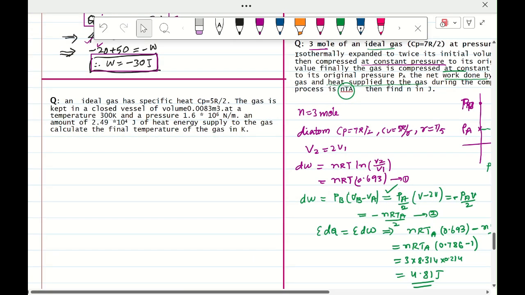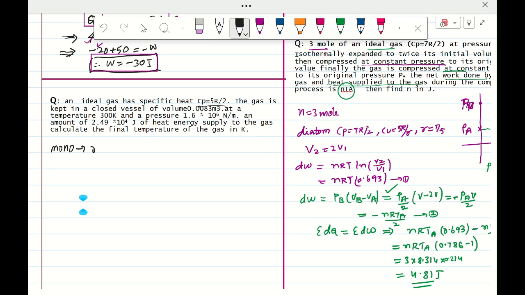Right. Now coming to this problem, the CP value is given as 5R by 2. CP value 5R by 2 means it is indirectly a monatomic gas. Monatomic gas, then gamma is equal to 5 by 3. The gas is kept in a closed vessel. Remember this closed vessel: the volume is constant, equal to 0.0083 meter cube.